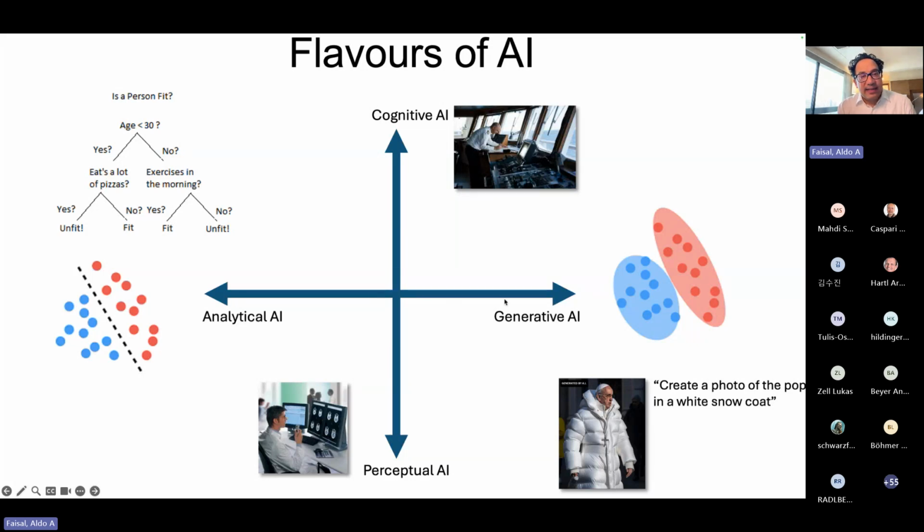And along this axis, analytical generative AI, we have another axis that is perpendicular, and that's the axis between perceptual artificial intelligence and cognitive artificial intelligence. And so perceptual artificial intelligence is artificial intelligence that imitates our human perceptual abilities.